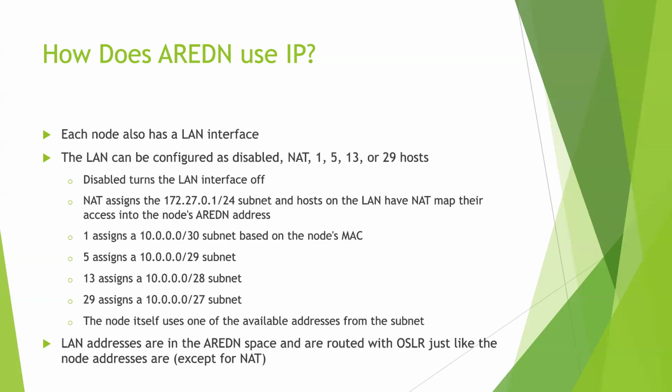Yeah. So let's see, we said the node itself uses one of the available addresses. The LAN addresses are in the net 10 AREDN space and are routed with OLSR just like the node addresses, except for NAT, in which case they're hidden from the node. NAT is network address translation.